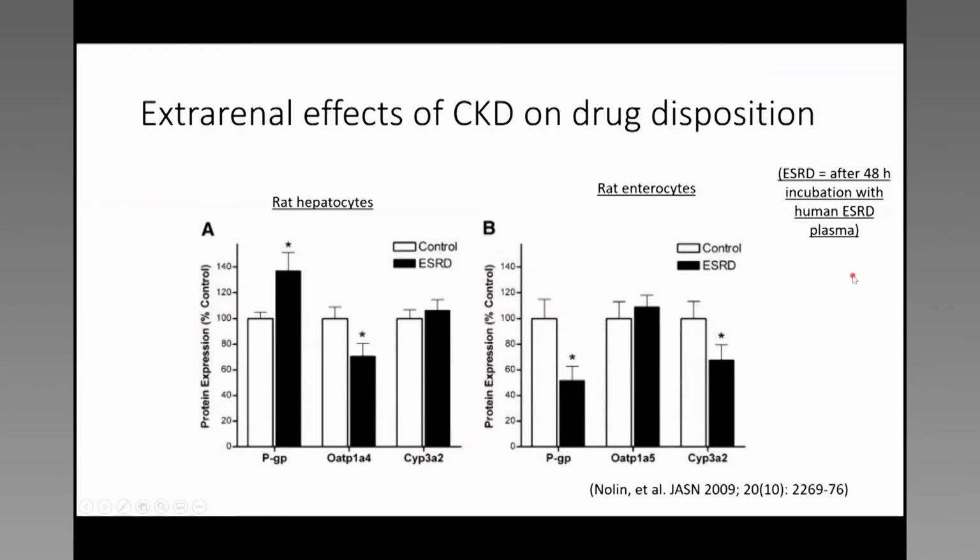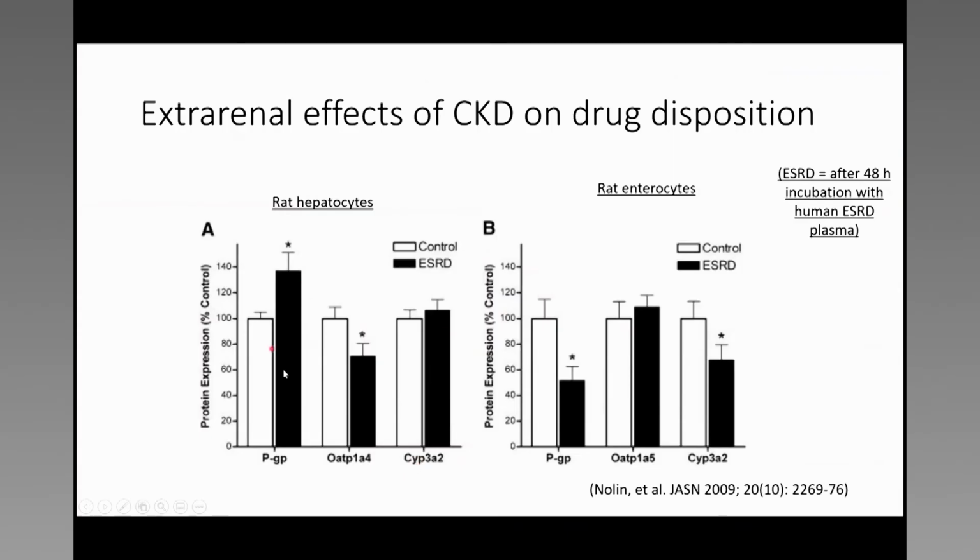changes in function. This is where the researchers, again by Tom Nolan and colleagues, obtained a blood sample from patients with end-stage kidney disease, and they incubated it with rat hepatocytes and enterocytes and looked at changes in protein expression for P-glycoprotein, OATP1A4, and cytochrome P450 3A2.